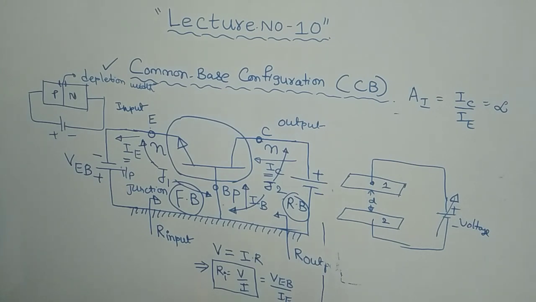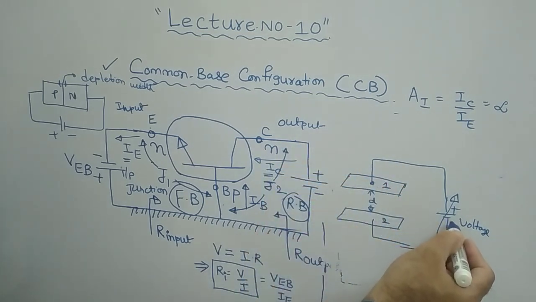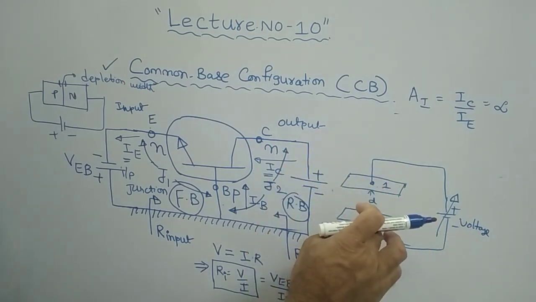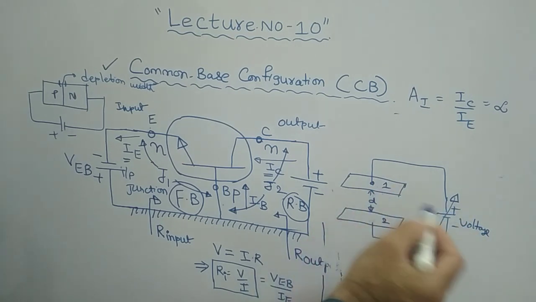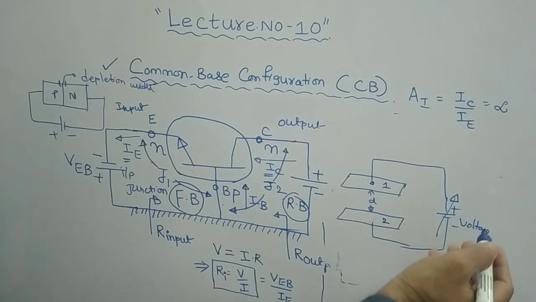So the plus terminal of the battery is connected to plate 1 and the negative terminal of the battery is connected to plate 2. Clear? As you connect the power supply like this, you may give 10 volts or whatever voltage you need.